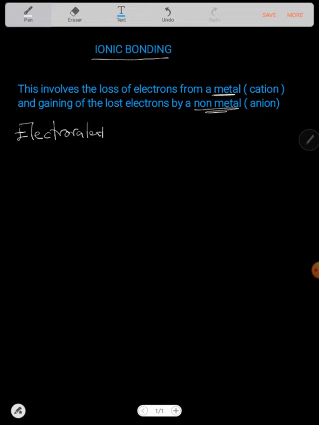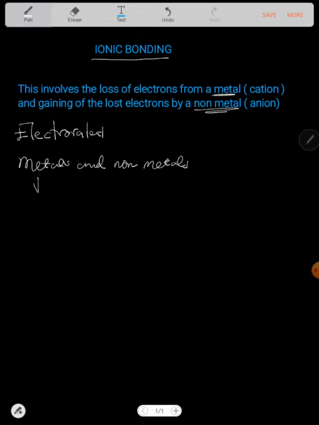So that's the other name for ionic bonding. This only occurs between metals and non-metals only. So a metal loses electrons while a non-metal gains electrons.